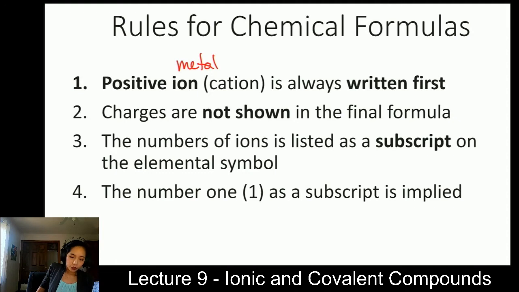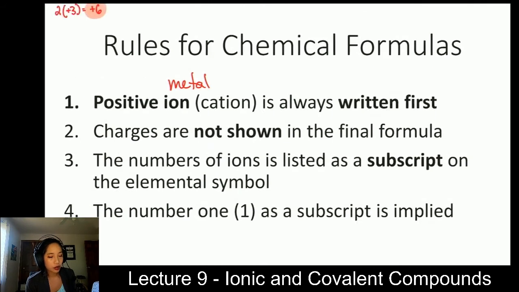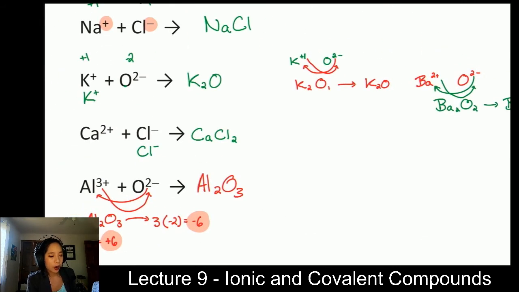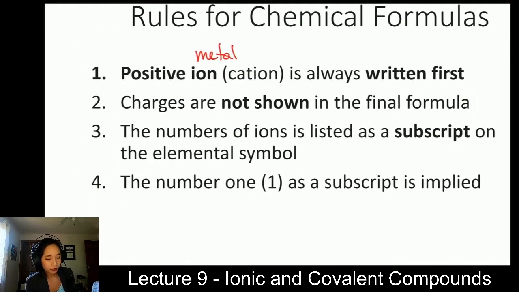Then, once you put the compound together from the cations and anions, you don't show the charges anymore. Remember, the entire compound is now neutral, so we don't show the charges on the individual ions. And that's what you see here. See how, after combining these ions, I wrote the neutral compound, there are no charges.